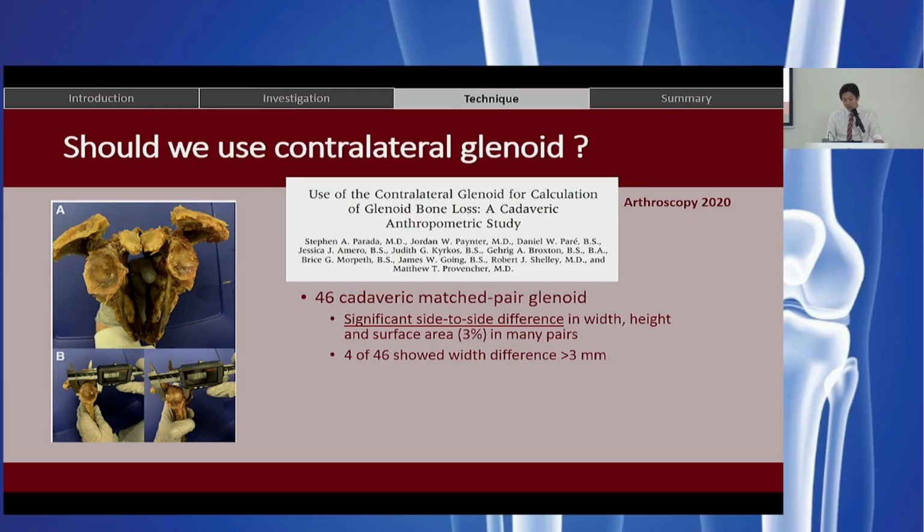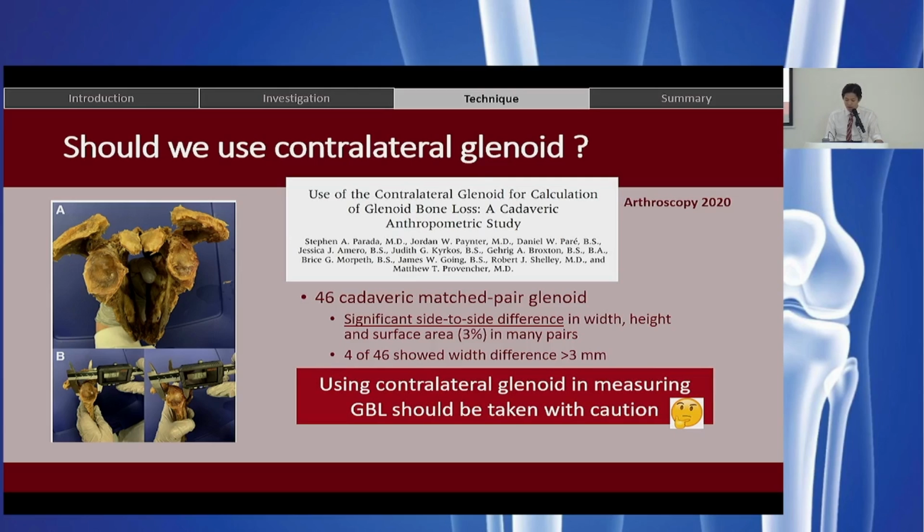Interestingly, there were many pairs with a significant difference in glenoid size. So this study concluded that using the contralateral glenoid in measuring the bone loss should be done with caution. Since then, recent studies tend to avoid using the contralateral glenoid, and use the best fit circle instead.